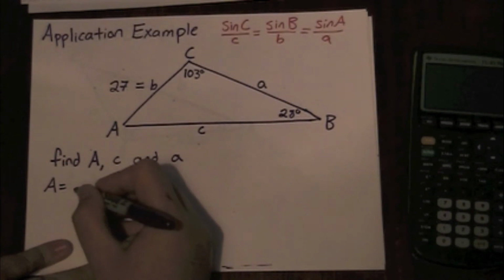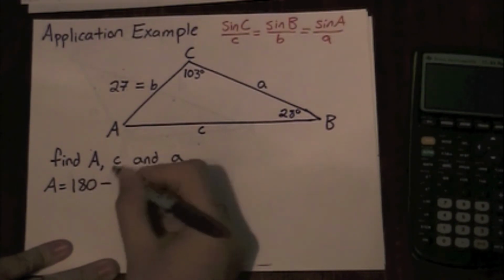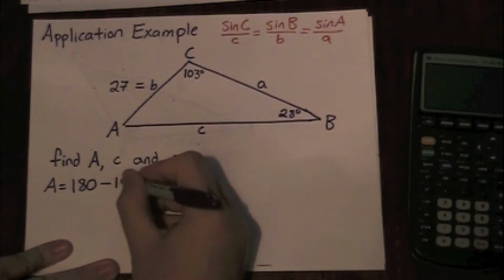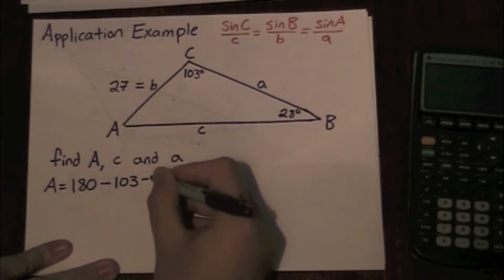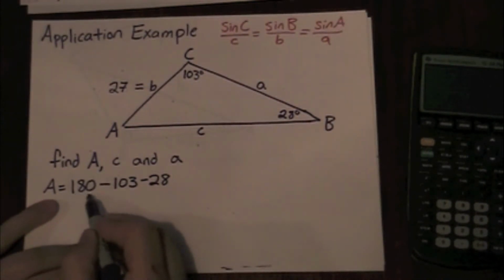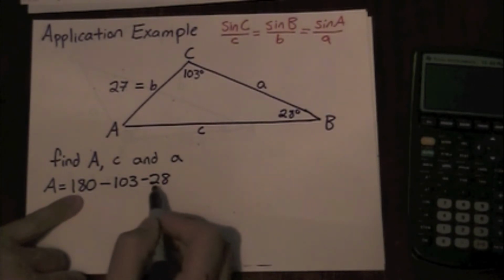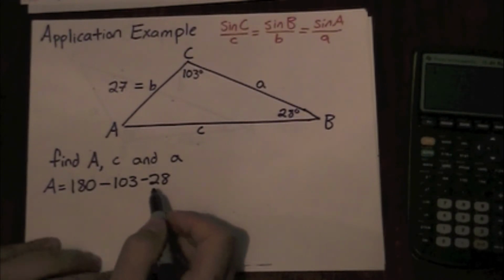So if I begin to set this up, I know 180 minus the other two angles will give me my remaining angle. So 180 minus 103 is going to be 77. Minus 28 more should give us 49.